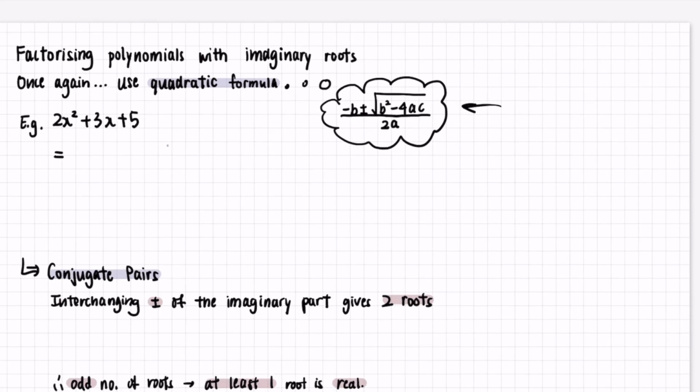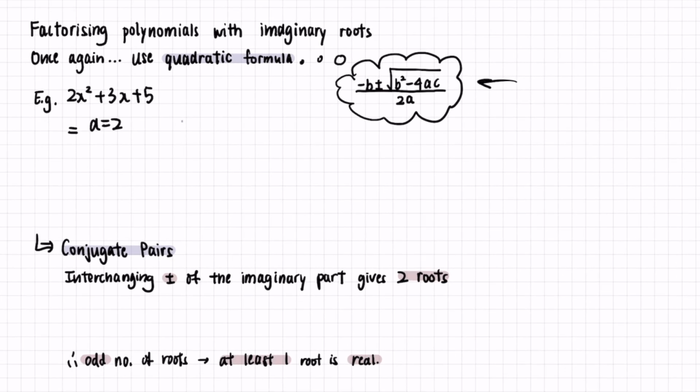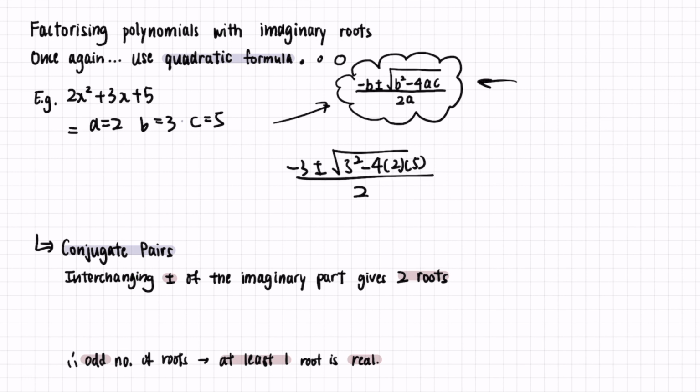So same thing, a equals 2, b equals 3, c equals 5. Plugging these into the quadratic formula, negative 3 plus minus root 3 squared minus 4 times 2 times 5, over 2 times 2. We just found out that it's negative 31, so it's negative 3 plus minus root negative 31 divided by 4.